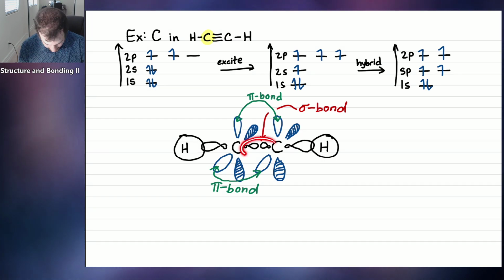That is this bond right here. But the other 2 bonds are pi bonds. Those are this one here and this one here. But we don't distinguish that feature when we draw acetylene. We just draw a triple bond. But really what you have to understand is that one of these lines is sigma and the other 2 are pi. And so that's what the bonding looks like in acetylene.